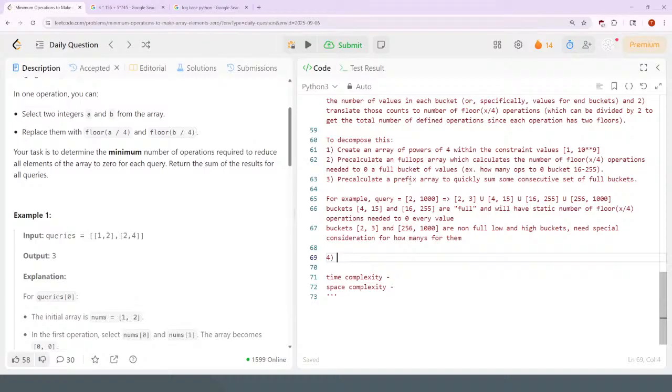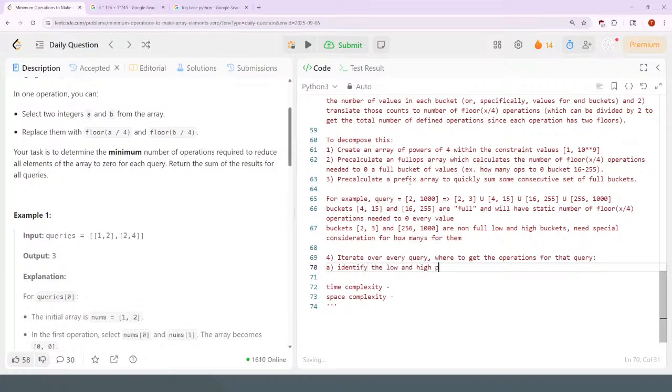So iterate over every query, where to get the operations for that query, identify the low and high powers of 4 inclusive to that range.